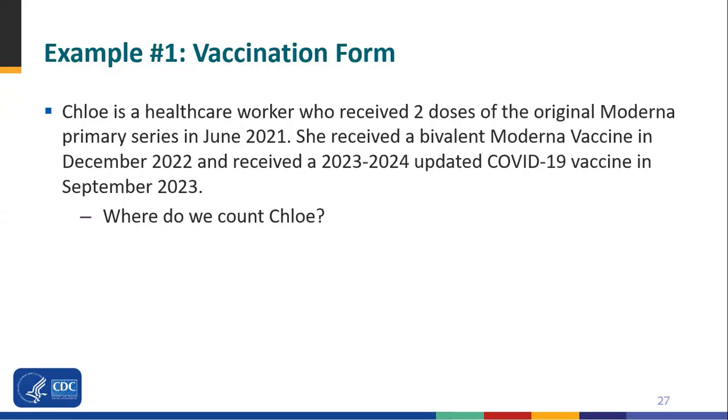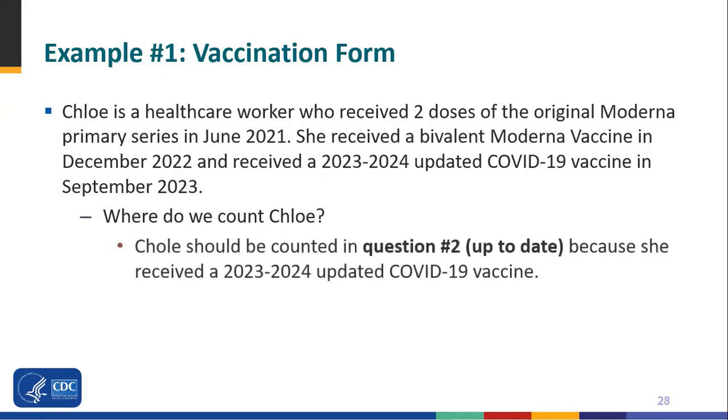She received a bivalent Moderna vaccine in December 2022 and received a 2023-24 updated COVID-19 vaccine in September 2023. Where do we count Chloe? In this example, we will count Chloe in question number 2, up to date, because she received a 2023-24 updated vaccine.